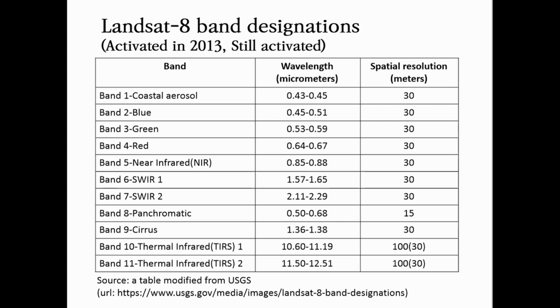Band 7 is also a shortwave infrared band. Band 8 is the panchromatic band. Band 9 is the cirrus band. Band 10 is the thermal infrared band. Band 11 is also a thermal infrared band. Each band has different wavelengths and also different spatial resolutions, such as 15 or 30 meters.